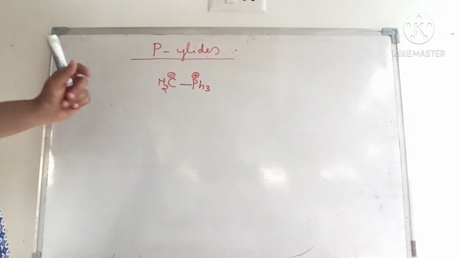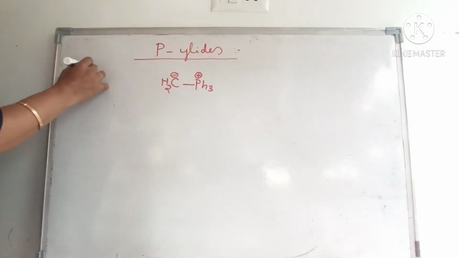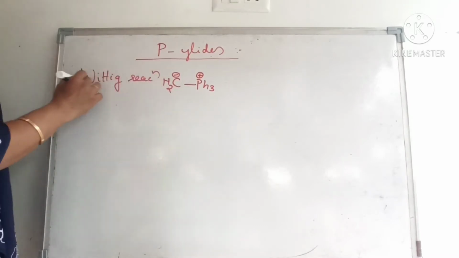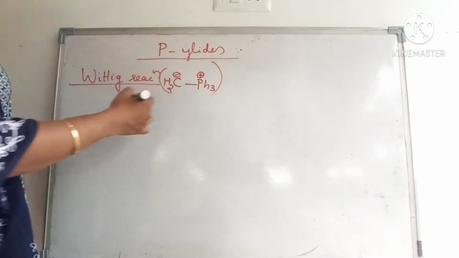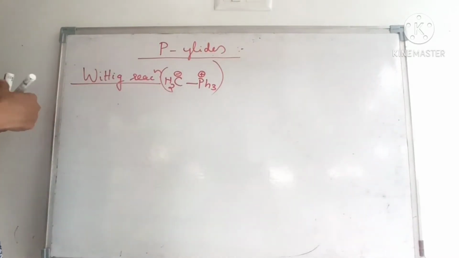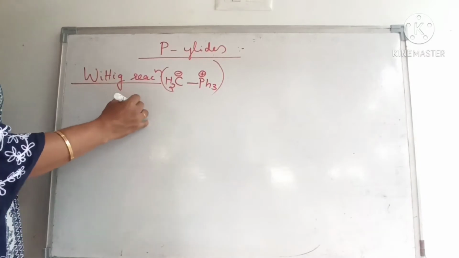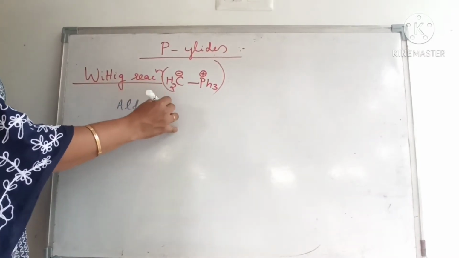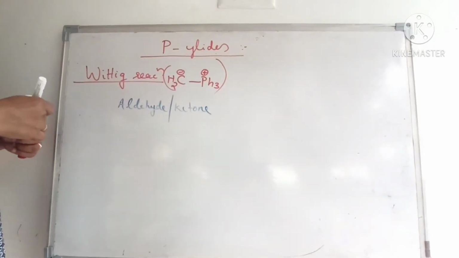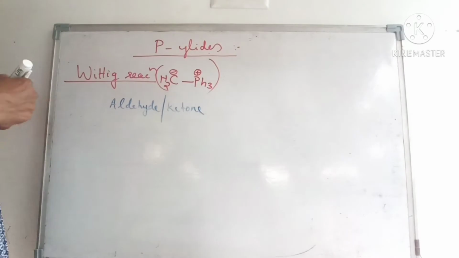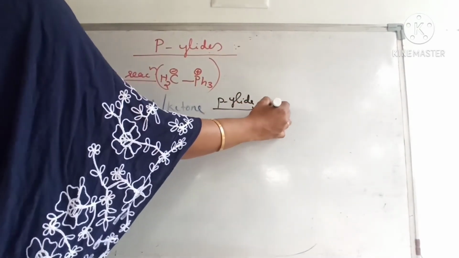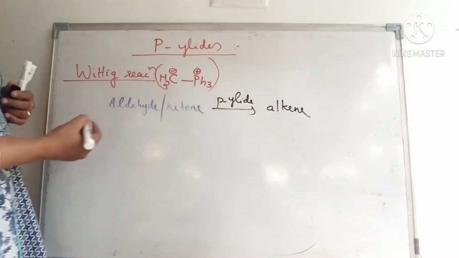Let us see a simple reaction which involves phosphorus ylides, a very well-known reaction called the Wittig reaction, involving phosphonium ylides. The Wittig reaction is a reaction in which an aldehyde or ketone reacts with phosphorus ylides and is converted into an alkene.